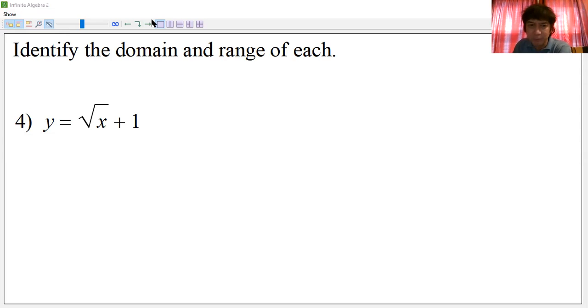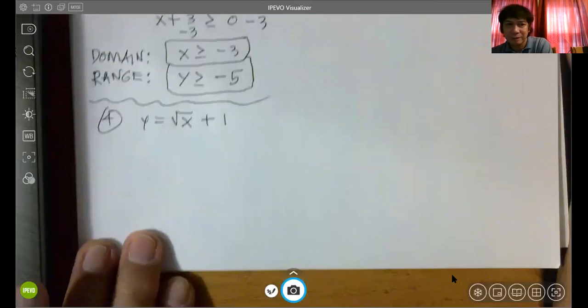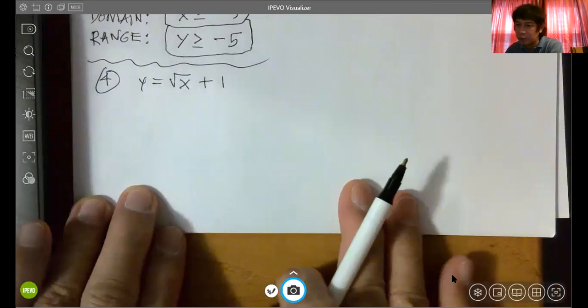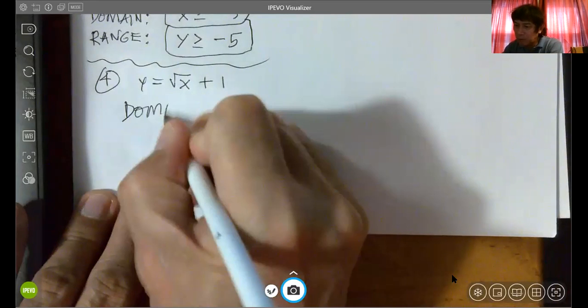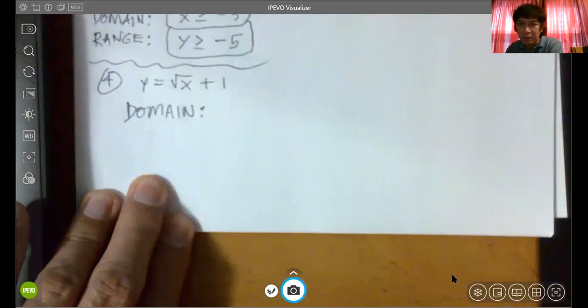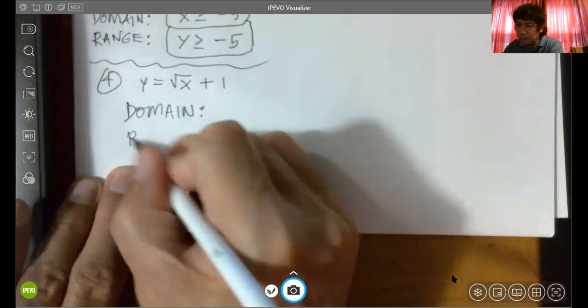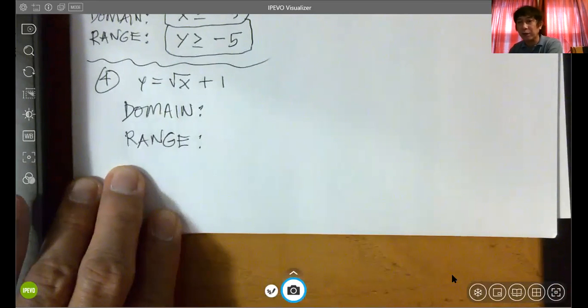Here's number 4: y is equal to the square root of x plus 1. We're going to determine the domain and the range.